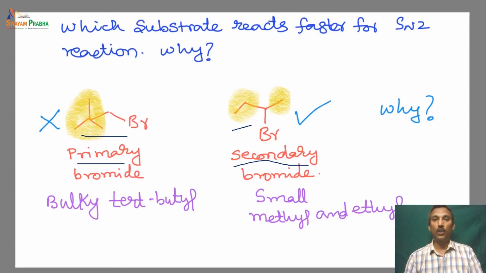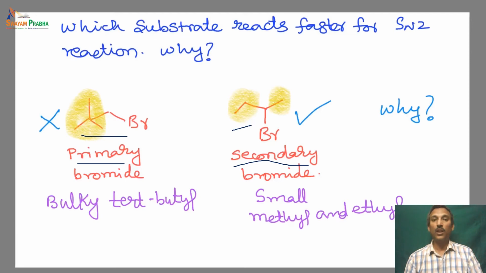Now one thing you have to remember: both the substrates undergo the reaction. It is not that one undergoes reaction and the other one does not. Both undergo the reaction, but at what rate? Which one reacts faster and which one reacts slower? This is what we are looking at in this particular case. So don't get confused by whether this will undergo reaction by one mechanism or not.